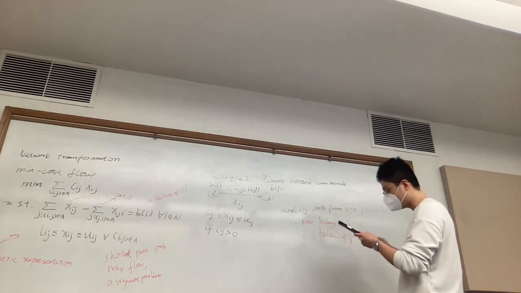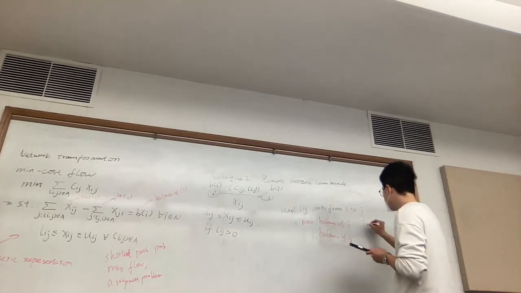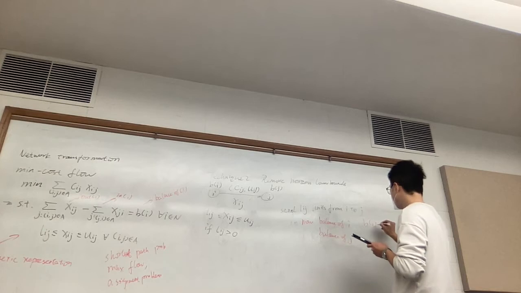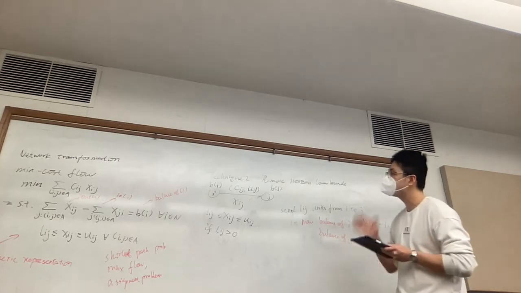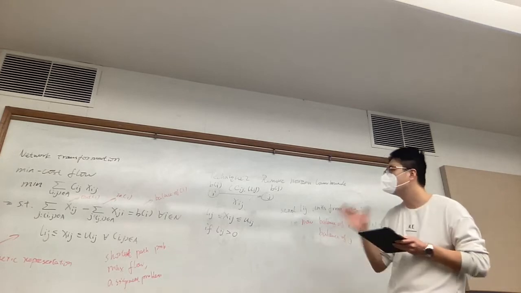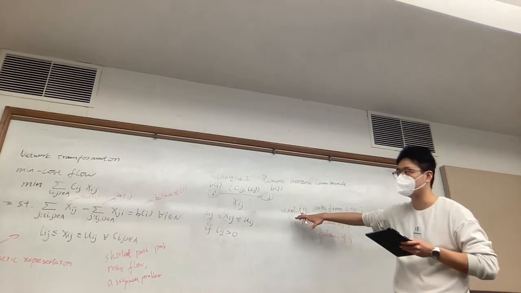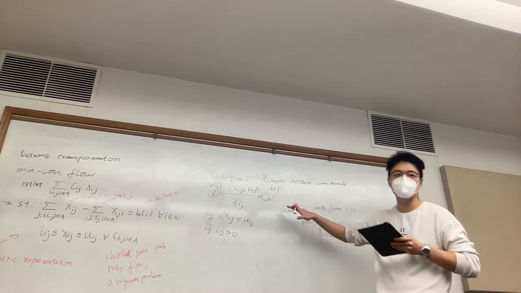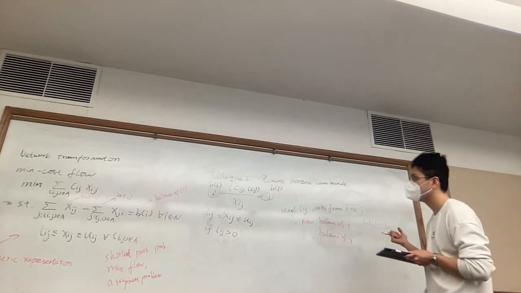So now the balance of I should be Bi minus Lij. Because for the outflow of I, we have already guaranteed there should be Lij units, because it is sent from I to J. So now the balance of I becomes Bi minus Lij.